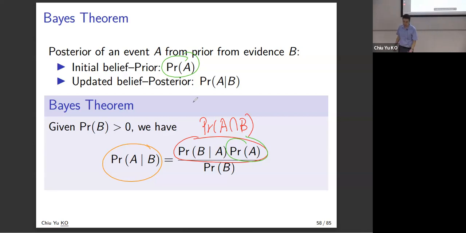This is something we care about. Probably you ask, how do you get this? This is given how we know the technology. A is how likely you get the disease or not.